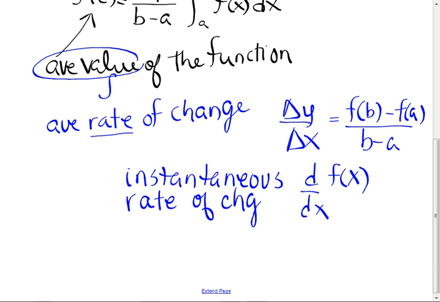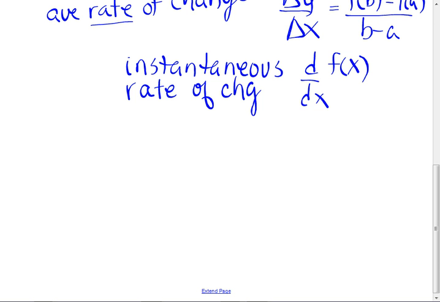It took me a while to connect them. And especially on the exam, because they're going to ask you for average value of a function. Well, it depends on what you're given as to if you're going to integrate or actually find the slope. Because if I want the average velocity, there's two ways to do this. The average velocity, I could add up all the velocities from t1 to t2 over t2 minus t1.